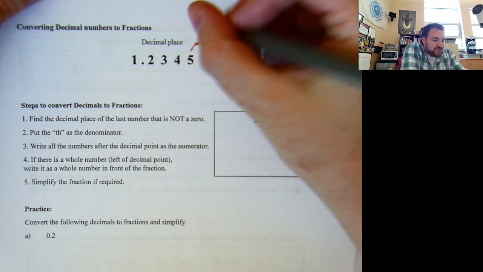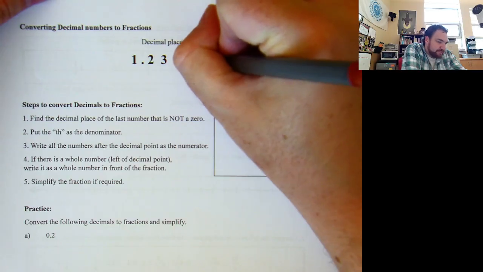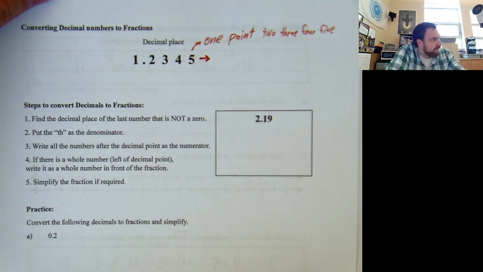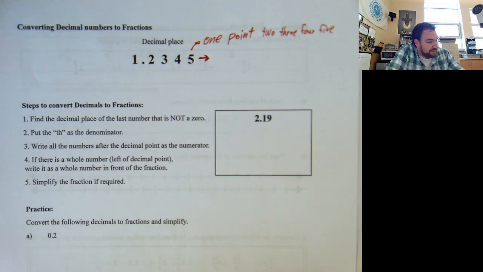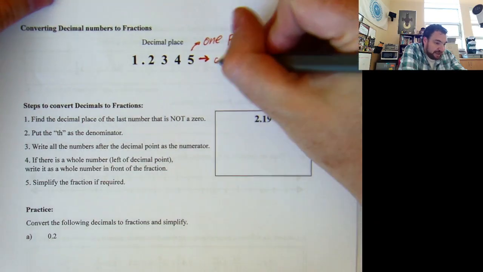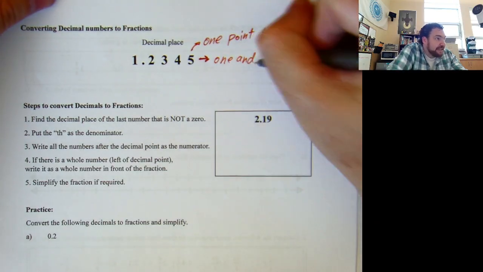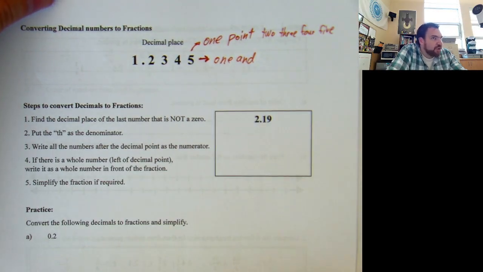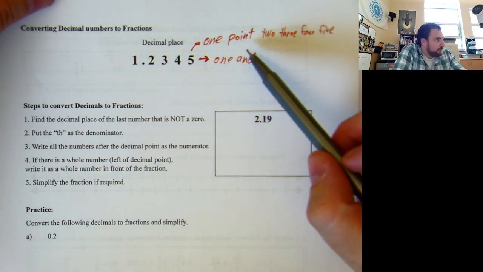But what is the actual name of this number? You wouldn't say 1.2345 if we were trying to describe a fraction, which is what we're trying to do now. 1 and. Okay, so 1 and. When you're reading a number and you say the word and, that is a decimal point.